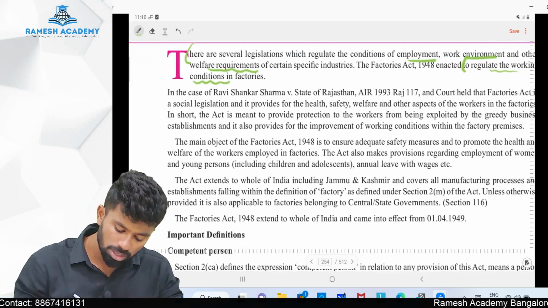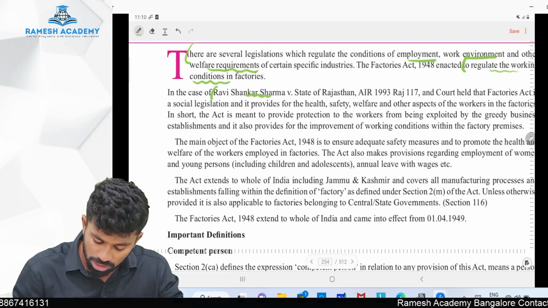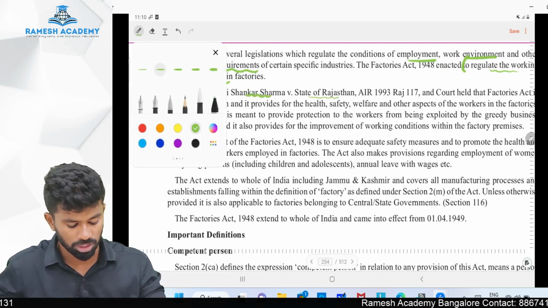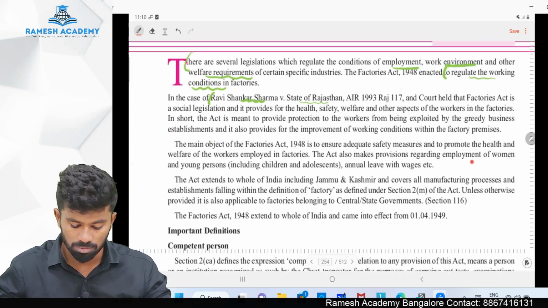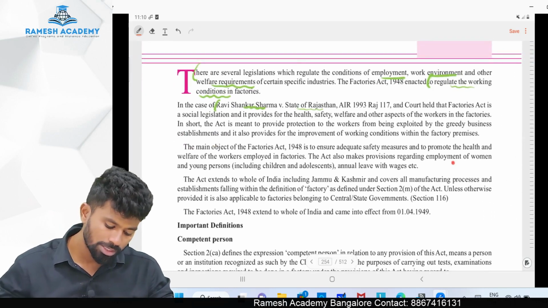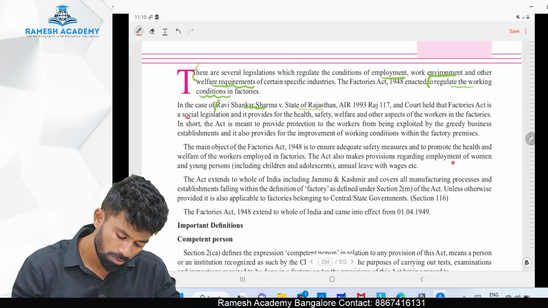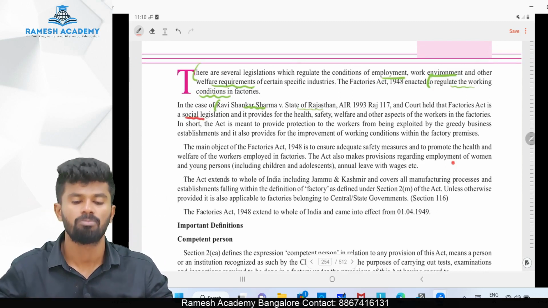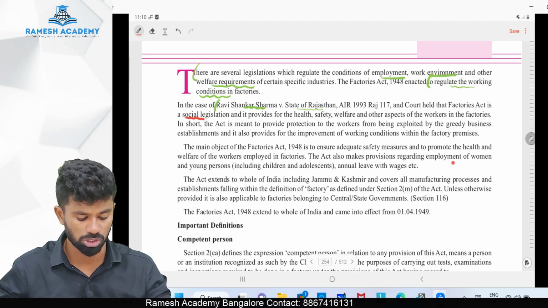In the case Ravi Shankar Sharma versus State of Rajasthan, the court held that the Factories Act is a social legislation. What legislation? Social legislation. They may ask in the examinations.